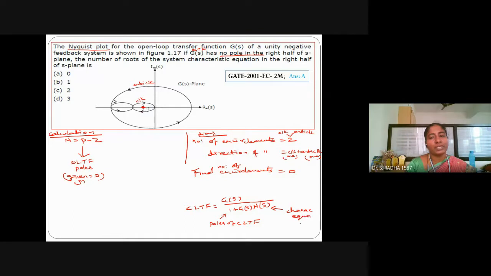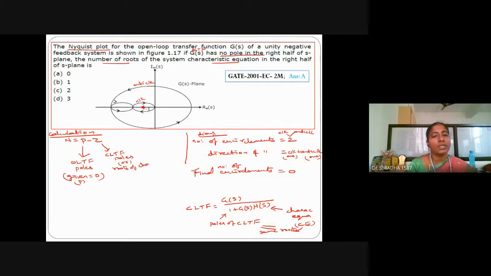Roots of the characteristic equation and poles of the closed loop transfer function are one and the same. They are asking the number of roots of the characteristic equation, which is nothing but Z. Z can be called the closed loop transfer function poles, otherwise the roots of the characteristic equation.